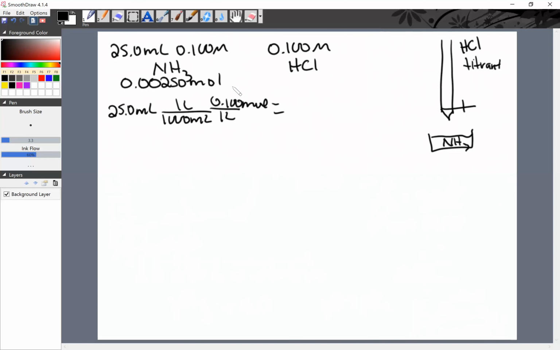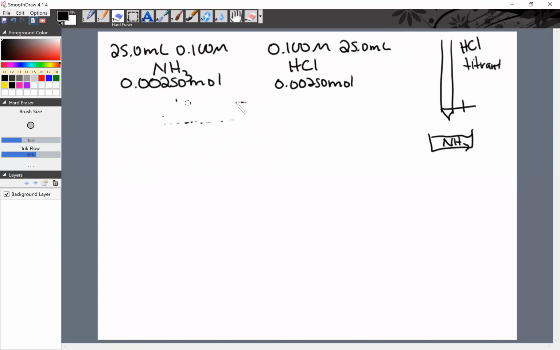Now, right now, I can tell you I also need 0.00250 moles of my strong acid, because to reach the endpoint, they have to be the same. But what volume of the HCl do I need? In this case, because the concentrations are the same, I will also need 25 mils of it. Okay. I at least now know how much I need to add to be done.